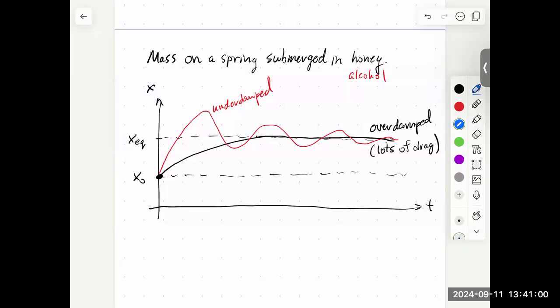What if I wanted to get to the new equilibrium as fast as possible? Well, what you can do is find some optimal damping between under and over damped, and that's called critical damping. In the mechanical analogy, we would just be changing the viscosity of our fluid. In our LRC circuit, we'd be tuning the value of the resistance.